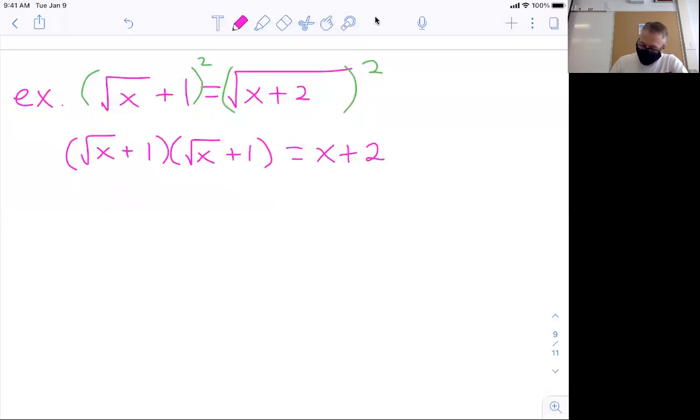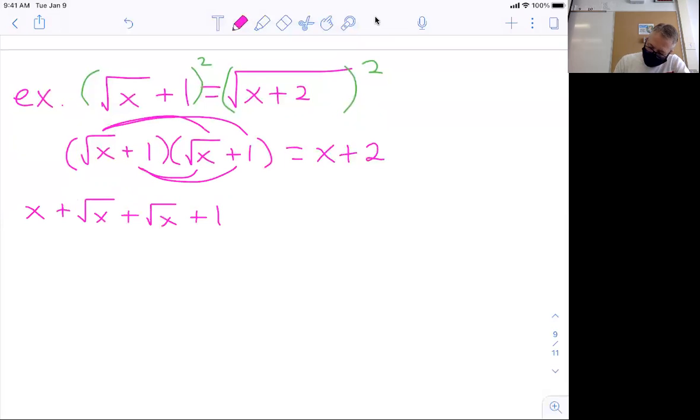All right, so let's FOIL this. Square root of x times square root of x is x. And then I have plus the square root of x plus the square root of x and plus 1.